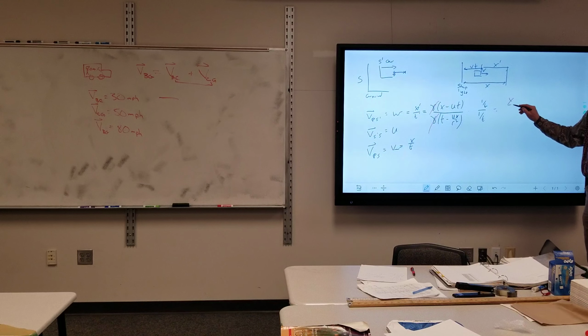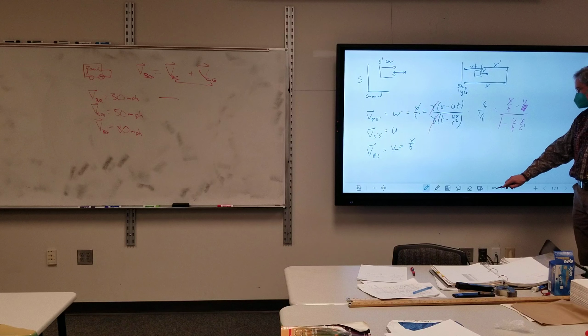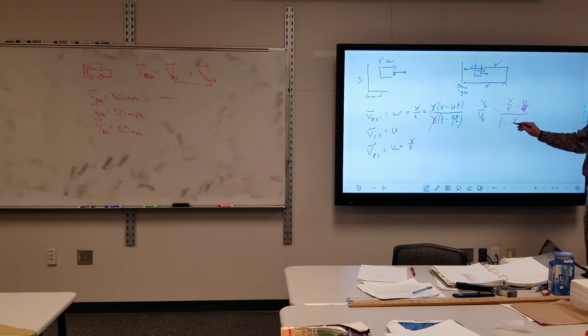And so I get x over t minus u, over 1 minus (x over t)(u over c squared). That's preferred. Well, what's x over t?